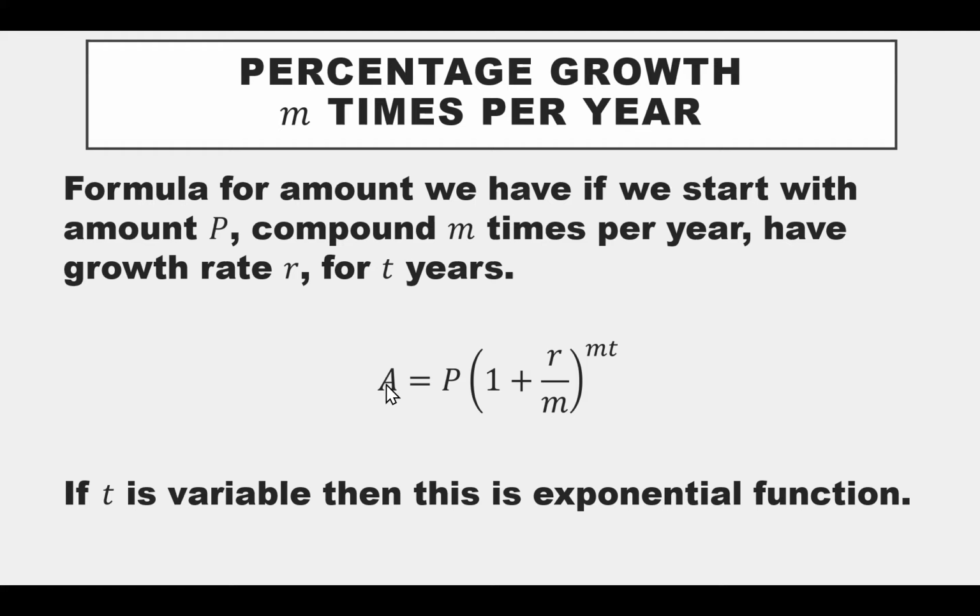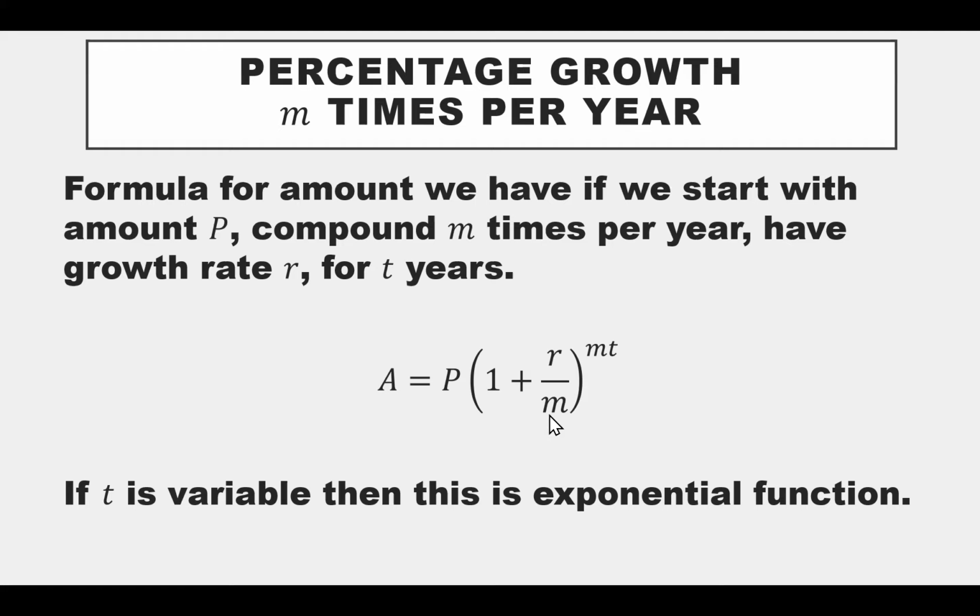So the amount that we have after T years is called A. Our initial starting amount is called P. The reason it's called P is because when you're dealing with money, your initial amount is called the principal. So this P is a stand-in for the principal, which is the initial amount. R is the rate of growth, and then M is the number of times we compound per year.